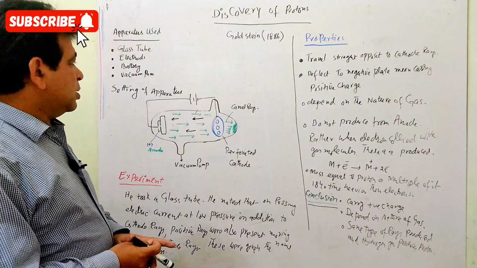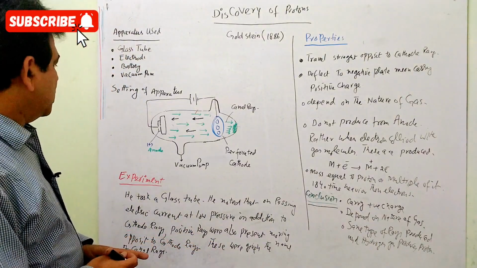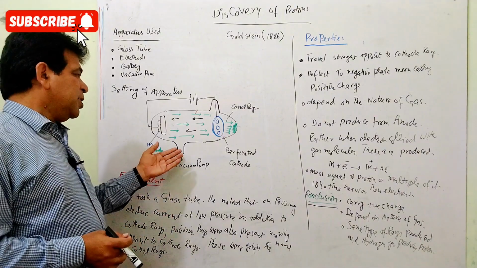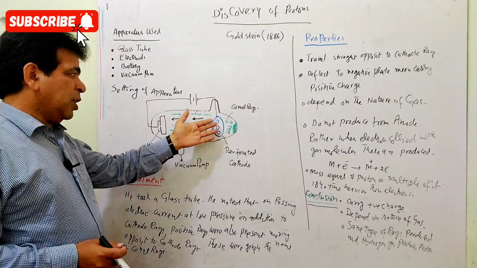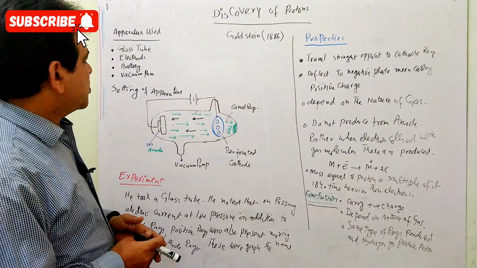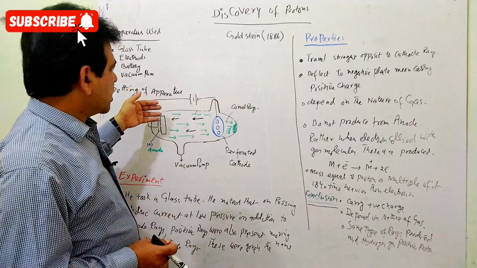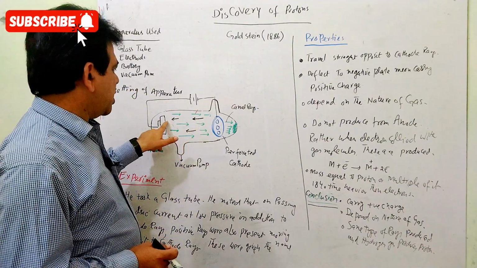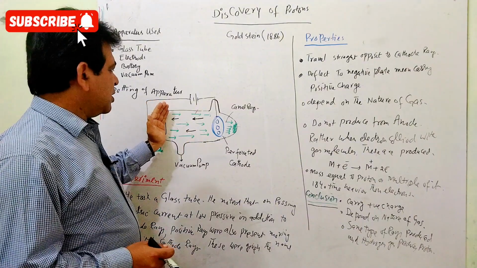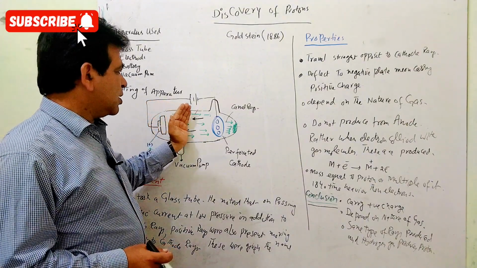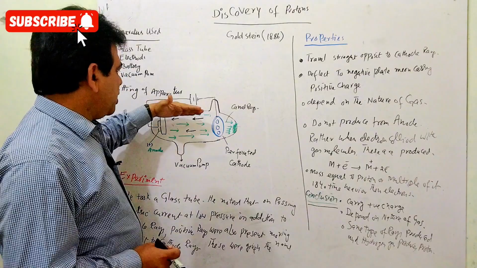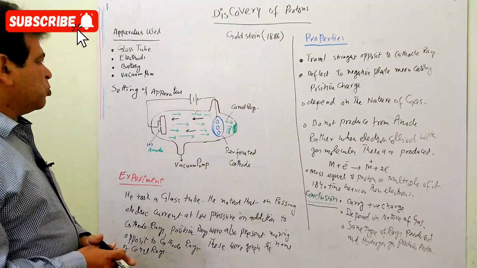Now, how did he do his experiment? Goldstein observed that when current is passed through the discharge tube, in addition to cathode rays which were going towards the anode, there was another type of rays inside the discharge tube which were moving against the cathode rays.